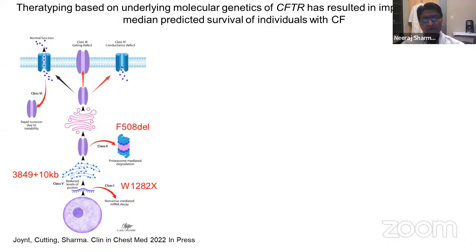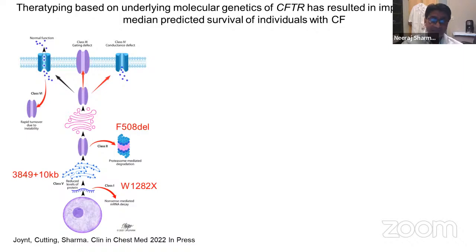And then there are classes 3, 4, and 6, where the protein goes to the surface. It makes it to the surface of an epithelial cell. However, there are either gating defects, which means that the chloride is not gated enough to go out to the apical side, or there is a conduction defect, that it is not able to conduct properly.